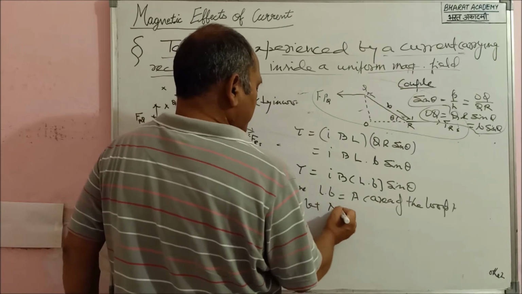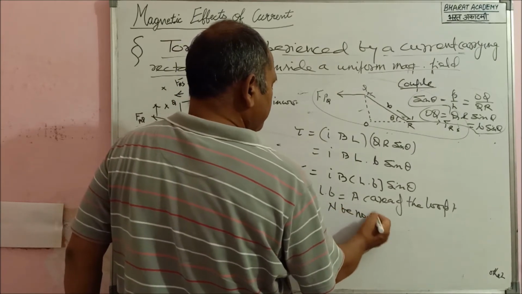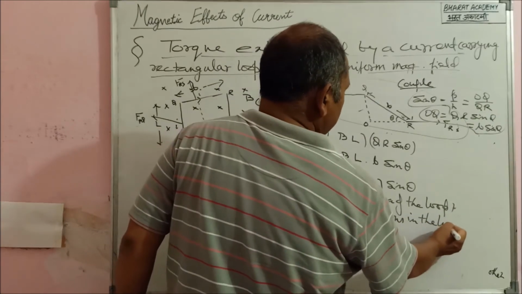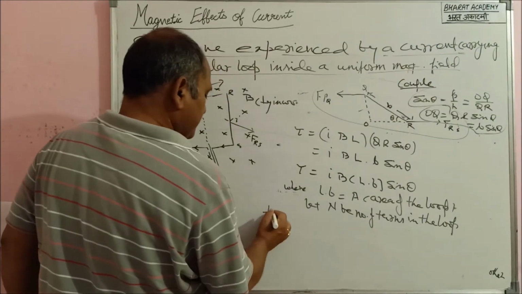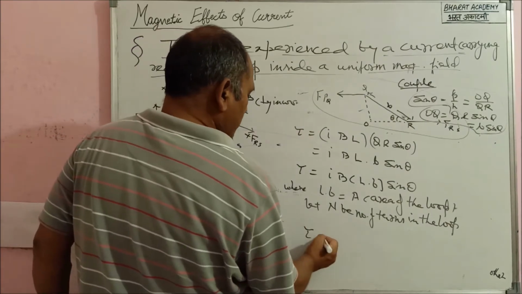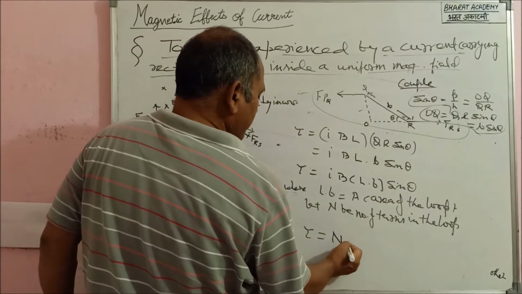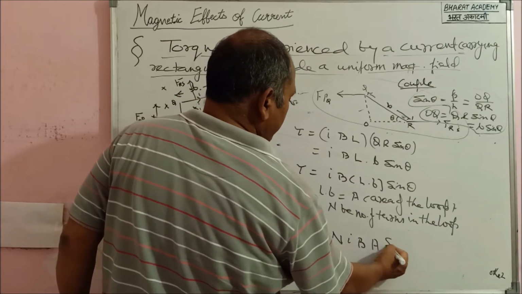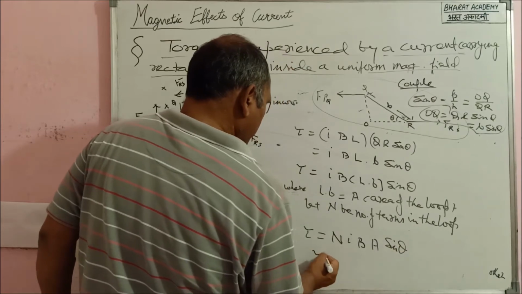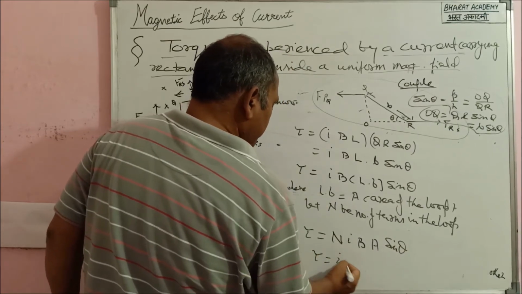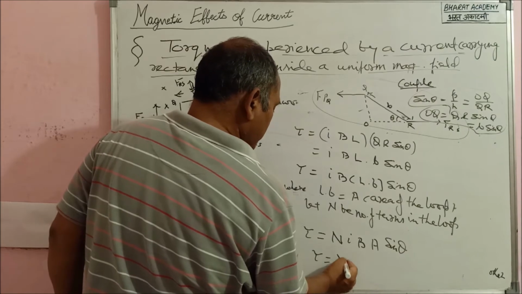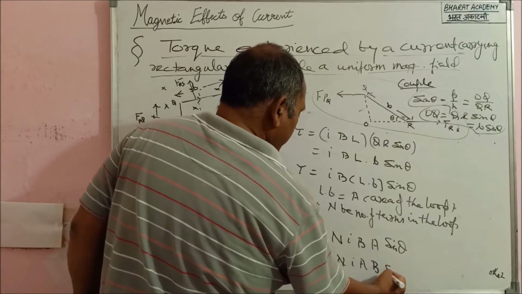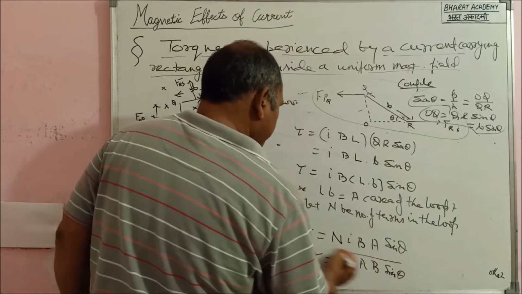Let N be the number of turns in the loop, then tau comes out to be N I B A sin theta, or tau equal to N I A B sin theta.